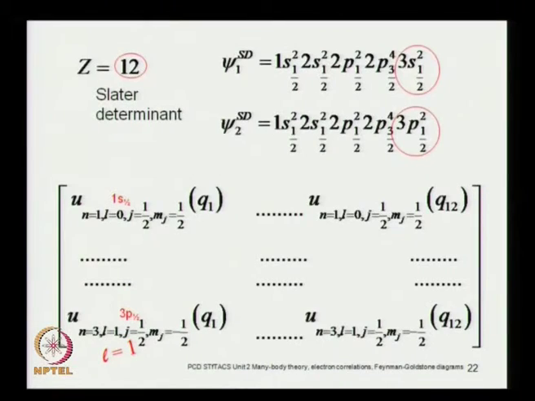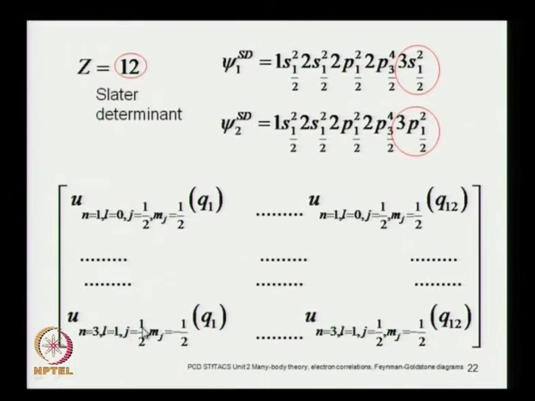So it has to have 12 rows and 12 columns, but which 12 rows, that set is what we are talking about. In this set, each label corresponds to a particular 1 electron state, and the last 2 labels are different from the last 2 of the previous. You have the 3p 1/2 as the last one.